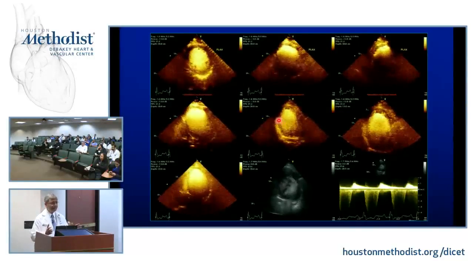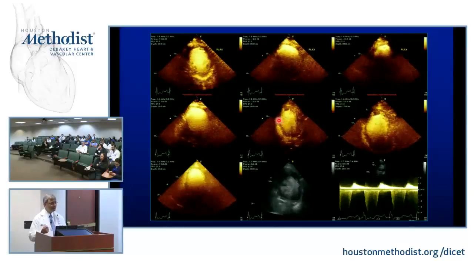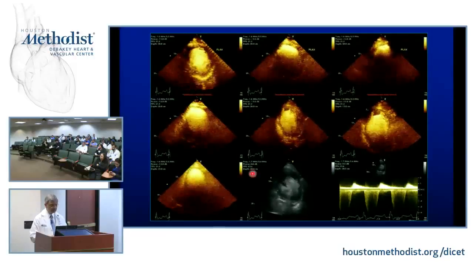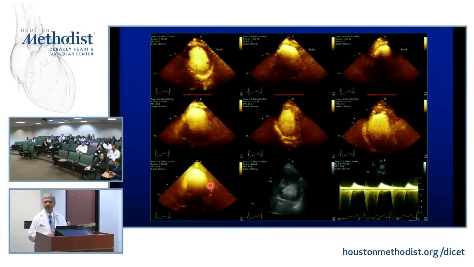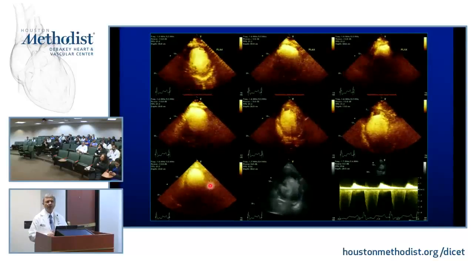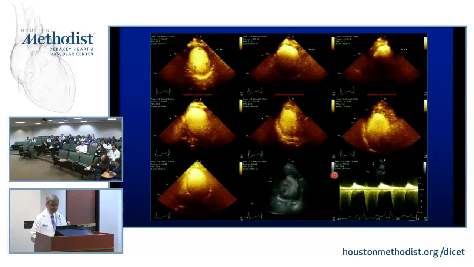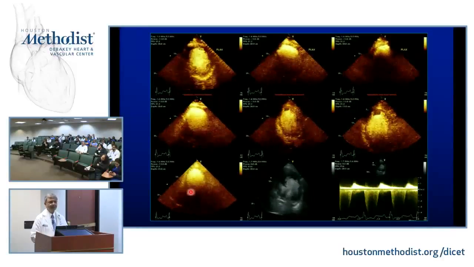So it should tell me that I need to do my homework once I see the image. It's getting better. What happened from here to here? What happened? More contrast. Somebody gave an injection of contrast between this and this.